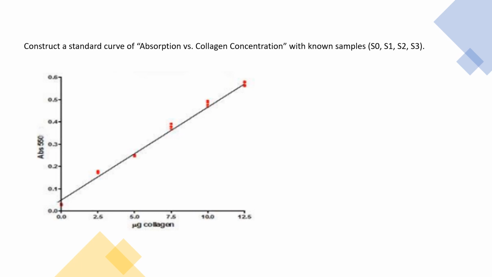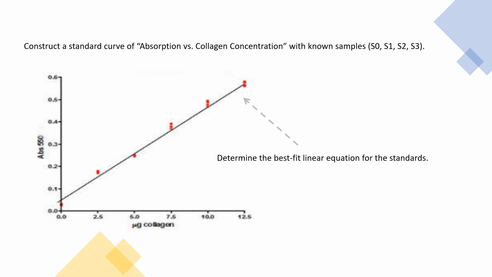And so here we have the data points for the corresponding absorbances for our 4 known concentrations of collagen, namely S0, S1, S2, and S3. And from this data, we can then proceed to determine the best linear fit equation for these known collagen standards.